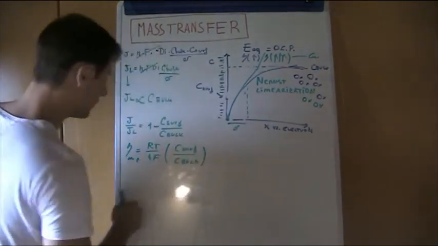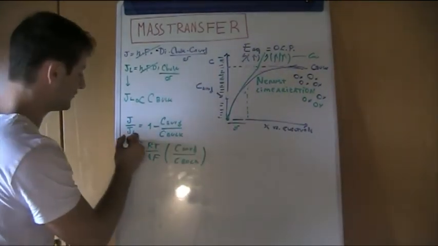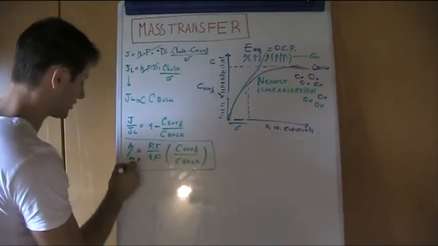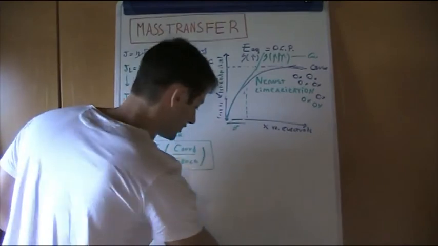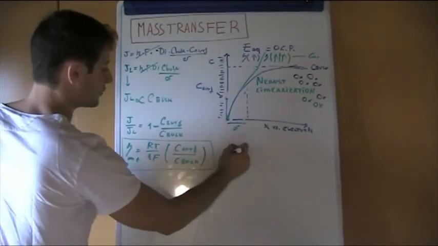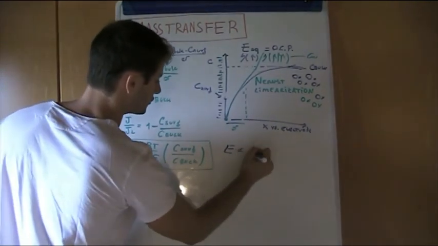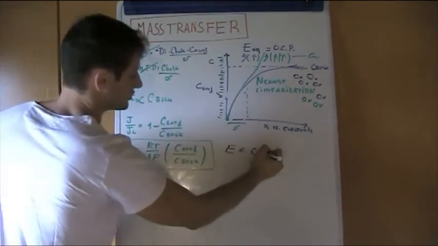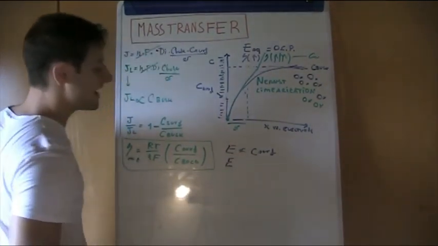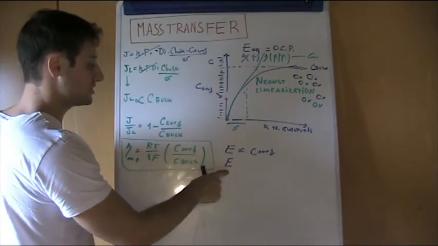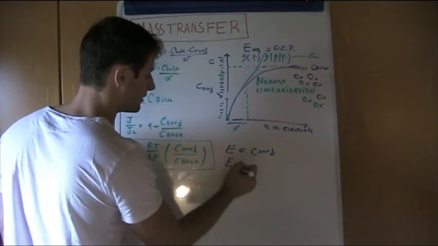Why can we say that the overtension of the mass transfer is described with this particular type of function? Well, it's quite simple, because I'm looking at the Nernst equation. I'm looking at a Nernst equation associated with a generic potential that is a function of the concentration on the surface, so the real one. But then we also have a Nernst equation associated with a potential that is the equilibrium one.